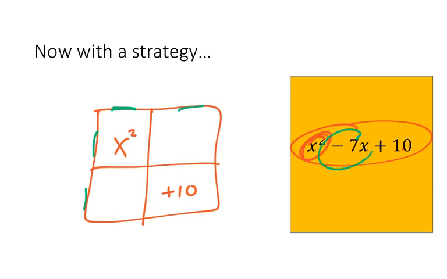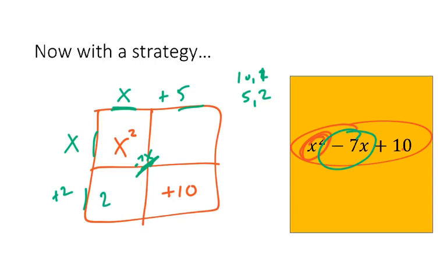And then we call this the middle term. So we have to try to get the middle term, and that's going to be right here. So two things that multiply together to get x squared, 99.9% of the time that's going to be x and x. Things that multiply to positive 10, I think of 10 and 1, 5 and 2 as my possibilities. And so I'm going to just try 5 and 2.